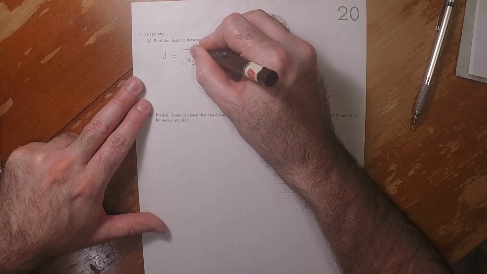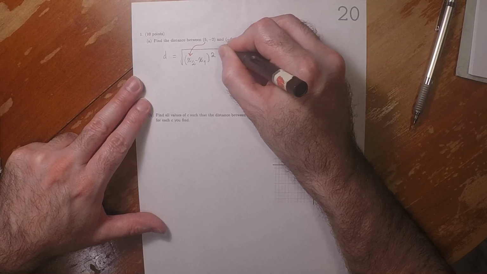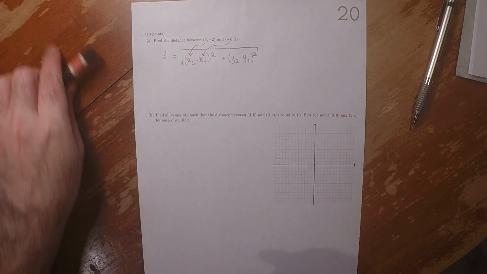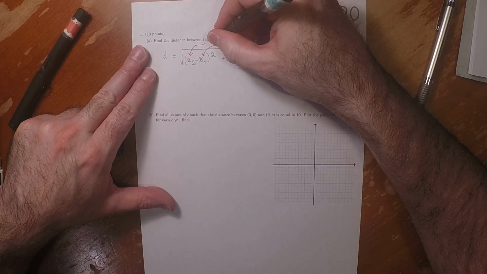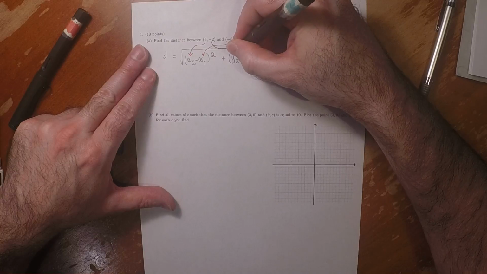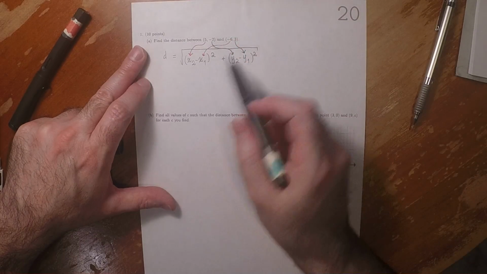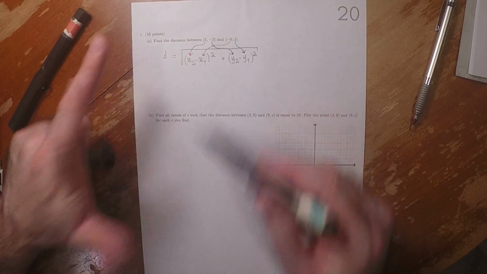So that x we can put there, and this x there. And then to place the y's, we can place this y there and that y there. So the difference in the x's, and the difference in the y's.